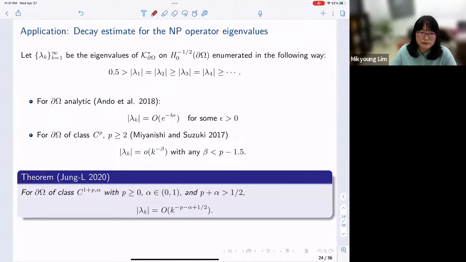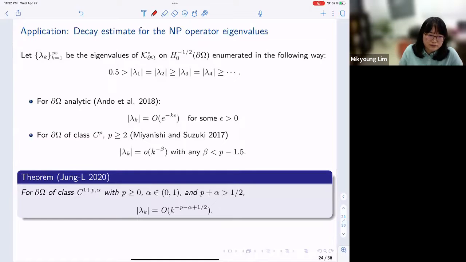One application of this matrix expression is the decay estimate for the Neumann-Poincaré operator eigenvalues. When the domain is C1 alpha, then K star has only eigenvalues that decrease to 0 as the index increases. And for analytic domains, there is a decay result, and also for the C^P class case, there is a result.